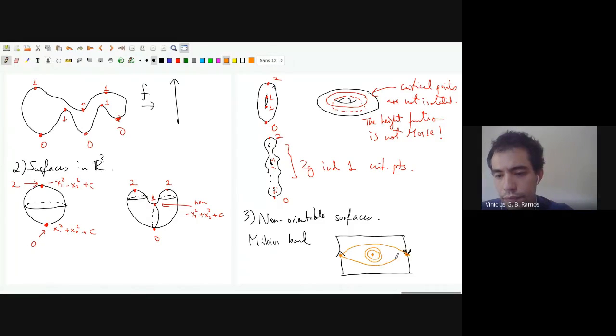Okay. Can you see these are my level curves, and then I have my level curves here.